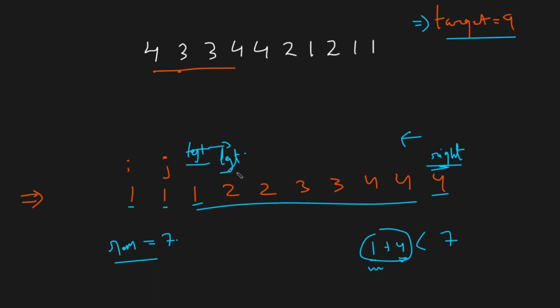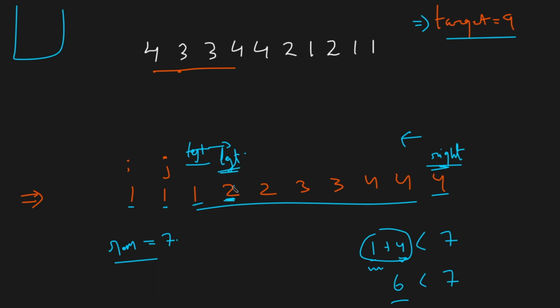So now our value at left and right will give us 6, which is still lesser than 7. We again need to increase this 6. Now what are we going to do? Now this is a crucial step. Since we are being told that we need to store the unique quads, what we do is, we know that left is 2 over here.